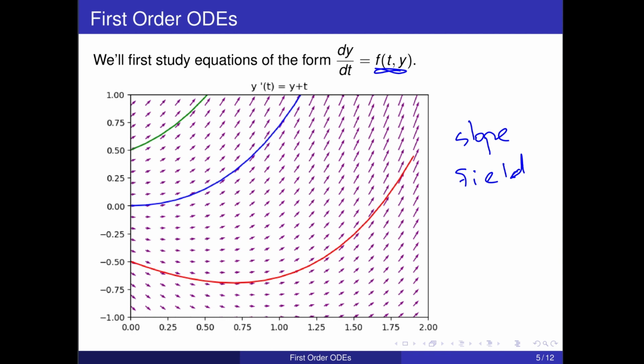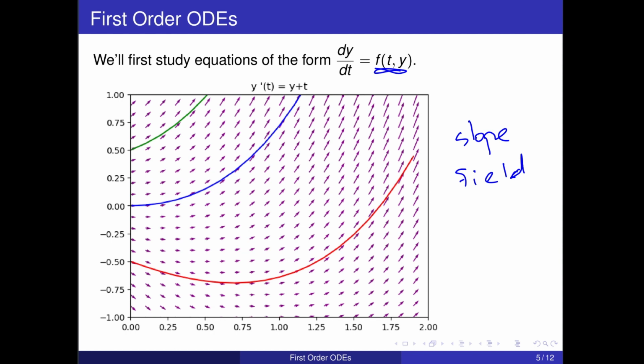So you'll have a picture with arrows at every point. These are the slopes that your solution would need to satisfy, so a solution should follow along all these arrows. You can see here in green, blue, and red, these are solution curves to this differential equation. They're not going to be unique; there are infinitely many solutions.